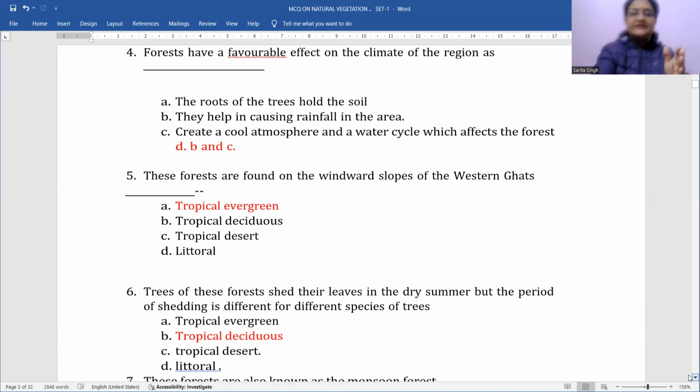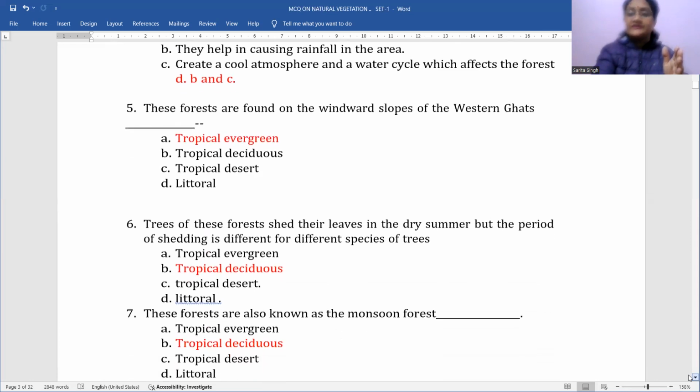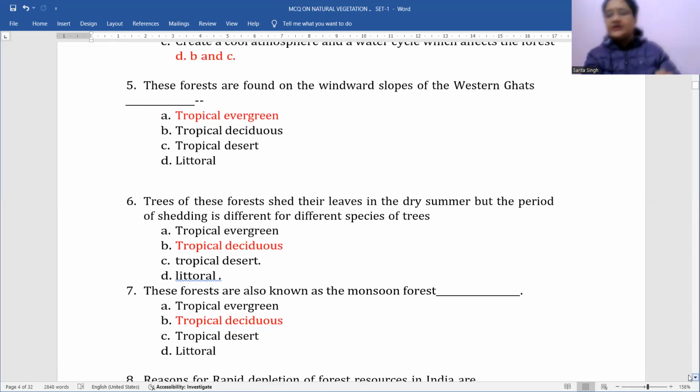Okay, these forests are found on the windward slopes of the Western Ghats. Just now we discussed about it. Windward slope of the Western Ghats get rainfall almost above 250 centimeters, right? And just now we discussed in the earlier part that when the rainfall goes beyond 200 centimeters, it is going to be tropical evergreen.